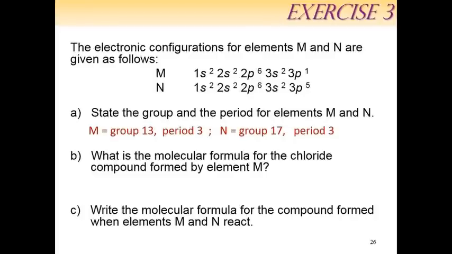The valence electronic configuration for element M is 3s2, 3p1, so the group for element M is determined by the number of valence electrons plus 10, so we get group 13. For B, the molecular formula for the chloride compound of element M is MCl3, and for C, the molecular formula for the compound formed with elements M and N is MN3.